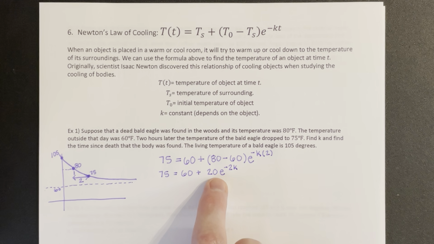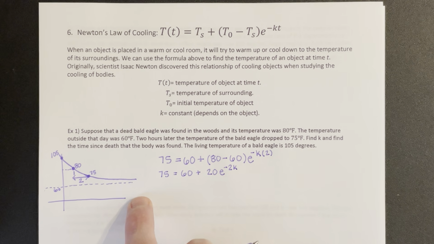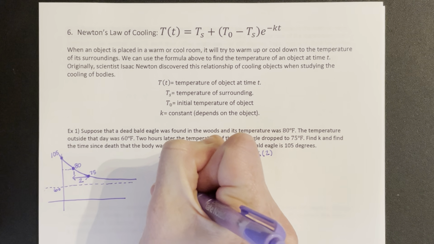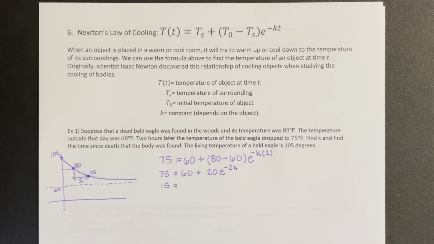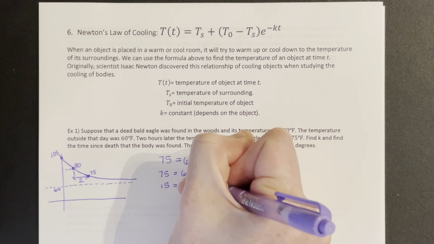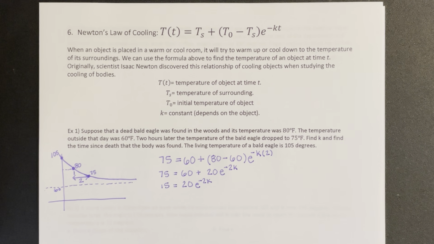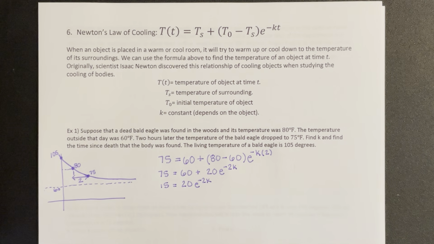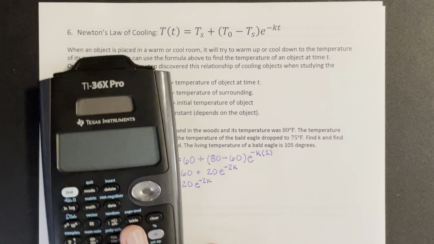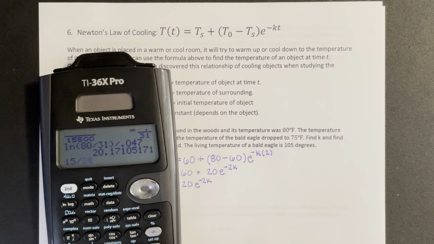I do need to divide by 20, but not until I subtract 60. So we're trying to get this part by itself by getting rid of 60 first. 75 minus 60 is just 15. So 15 equals 20 e to the negative 2k. I undo the 20 by dividing this time. So 15 divided by 20, if you want to use your calculator, you can. Should be 3/4.